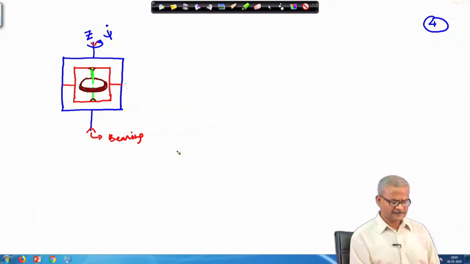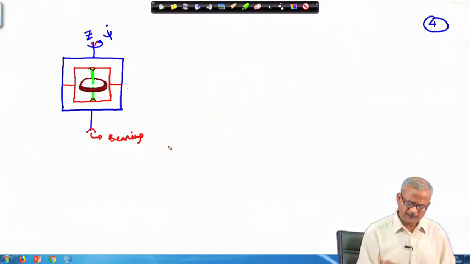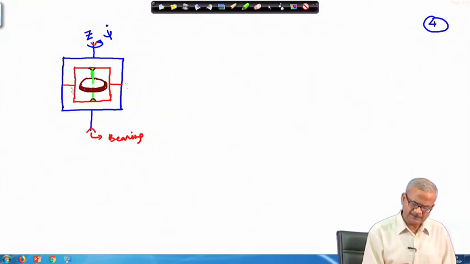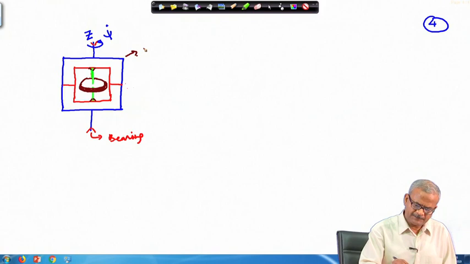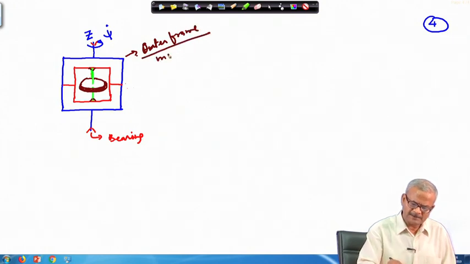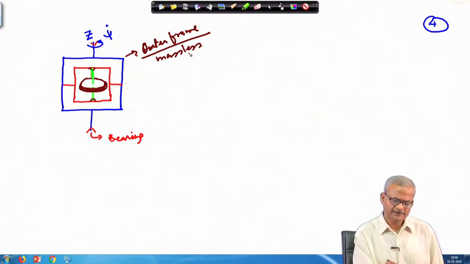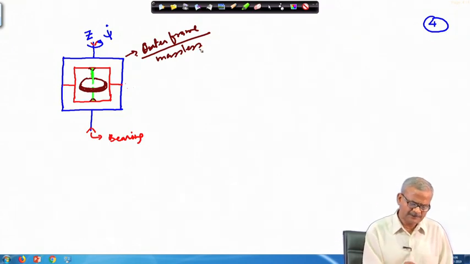So, what we have discussed earlier about the top, it simulates this gyroscope, it simulates the same motion. How? This frame, the outer frame, we assume to be massless. Okay, so the associated moment of inertia will not be present.